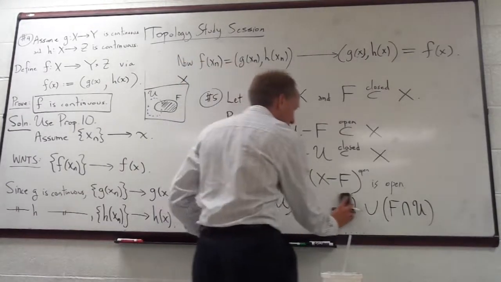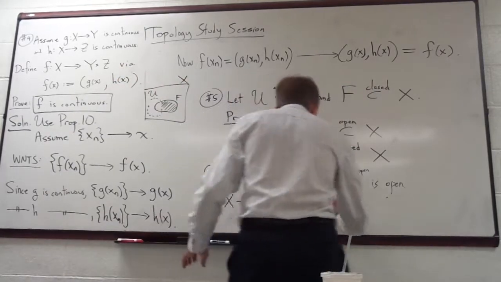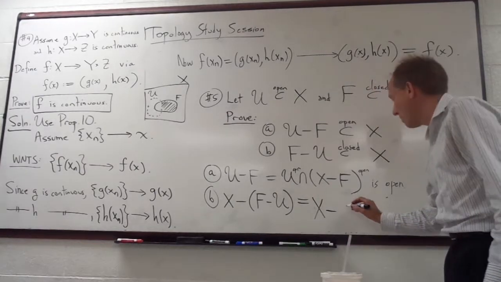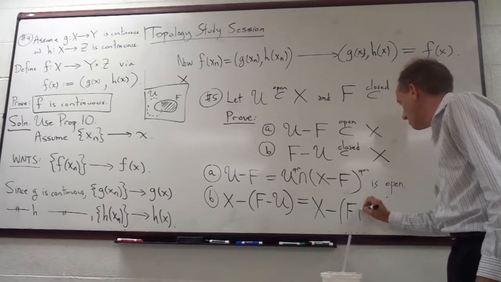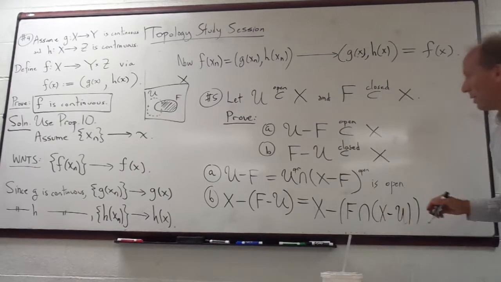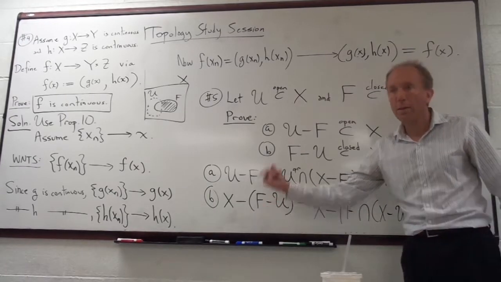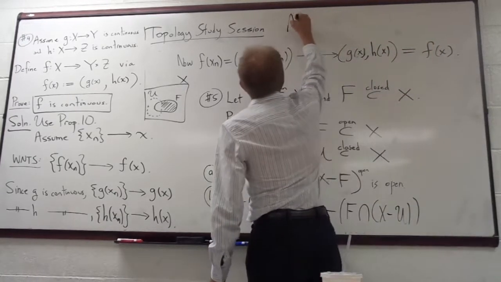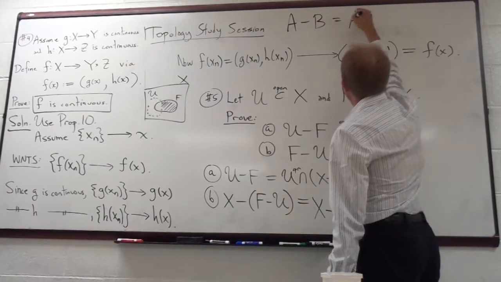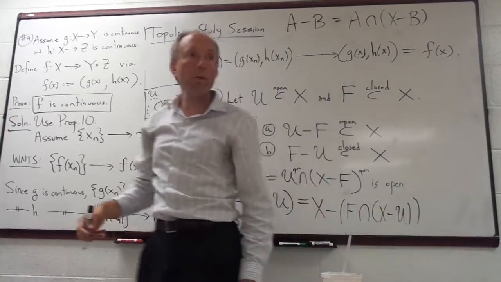Okay, let's try it a little different way. Go ahead. X minus F minus U is going to be the complement of F intersection X minus U. Like this, right? Yeah, so if you just think about the subtraction of sets, anytime you take A minus B with sets, it's really just A intersected with the complement of B. That's just always a formula, right?